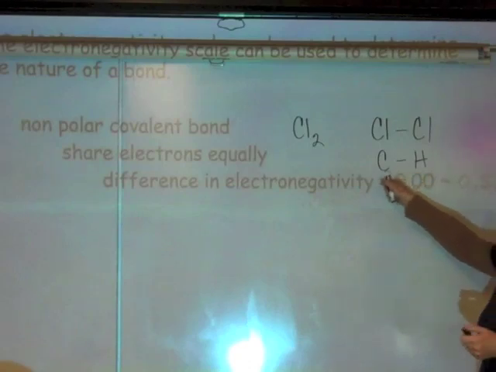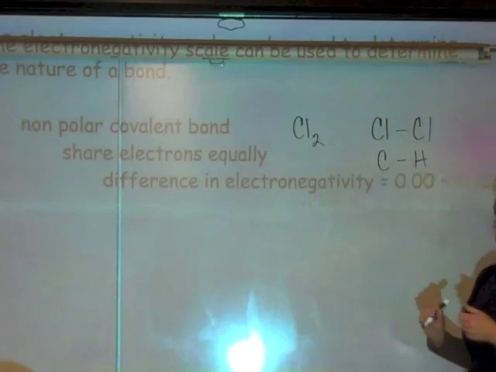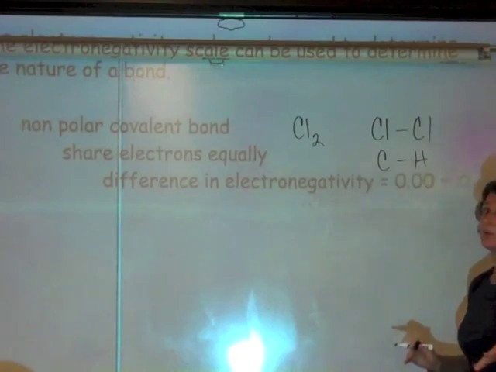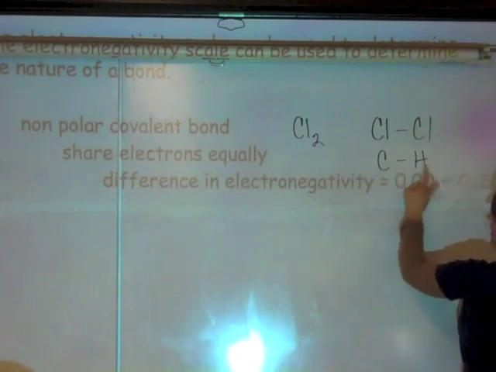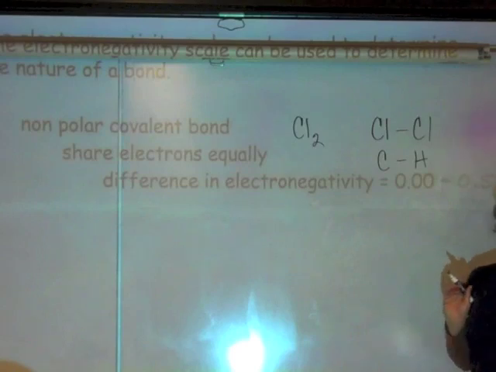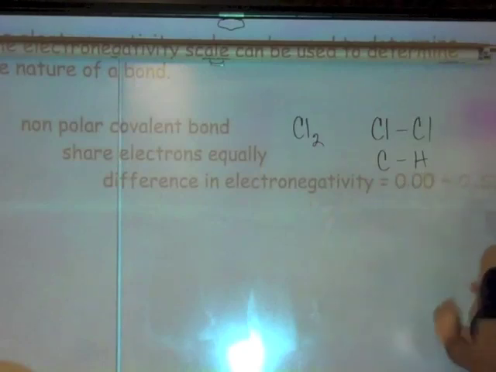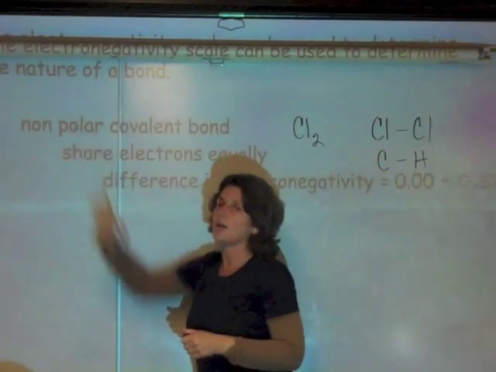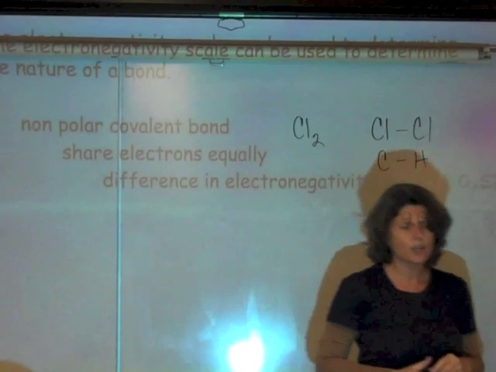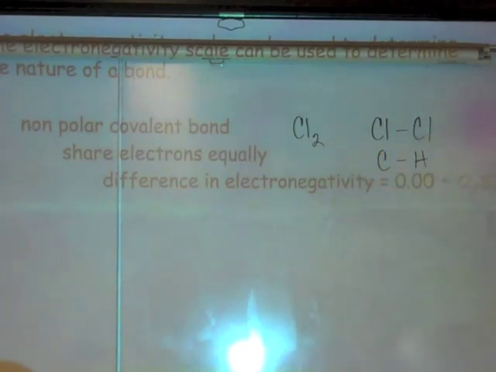And so we say that the carbon-hydrogen bond is also nonpolar. So even though they are not identical elements, these two atoms share their electrons equally as well. So very important, the carbon-hydrogen bond is a nonpolar bond. They share their electrons equally.